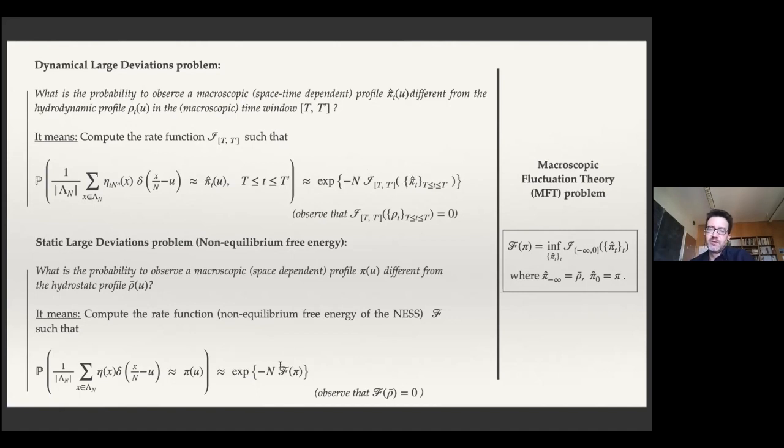And so in order to compute this non-equilibrium free energy, what the macroscopic fluctuation theory proposes is to solve a variational problem, which is written here.